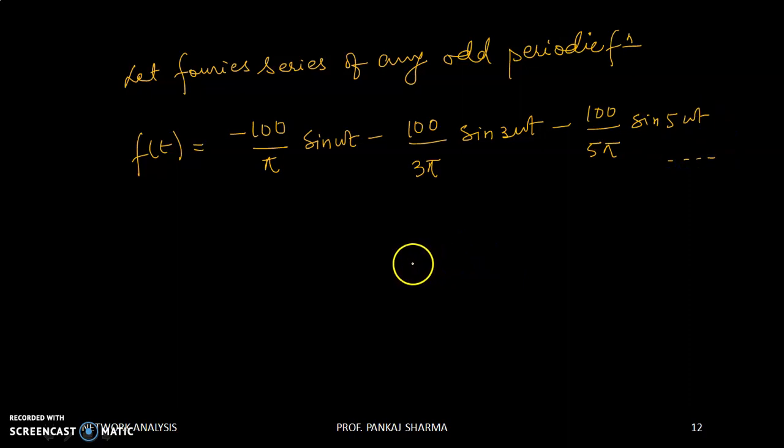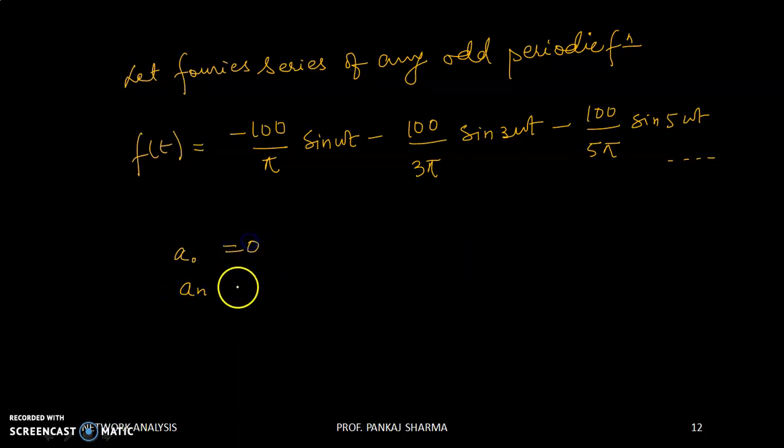In this series, there are only odd harmonics with sine terms only. The average value A0 and an are equal to 0.